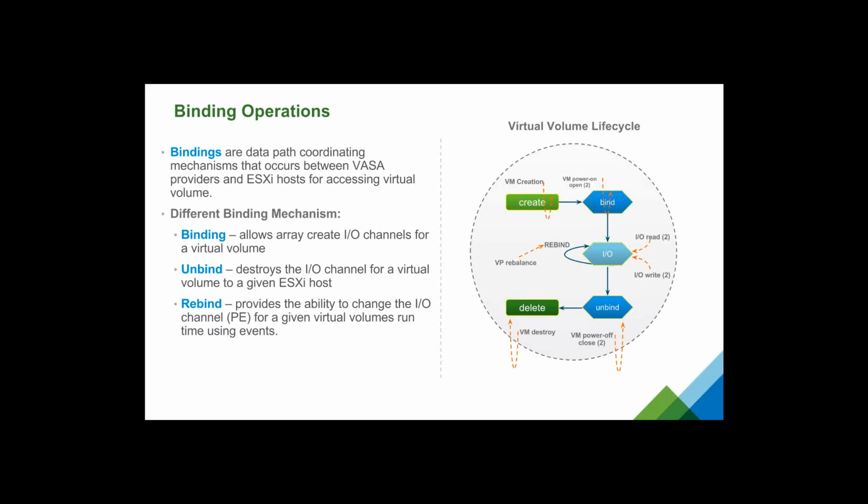The various steps available would be a bind, which would be vSphere saying, hey, I want to be able to talk to storage. An unbind, which says, I'm no longer interested in talking to storage, you can hide it from me if you want. And a rebind, which would be a request typically from the VASA provider side up to ESX saying, hey, it would really be best if you tried to bind to a different protocol endpoint.